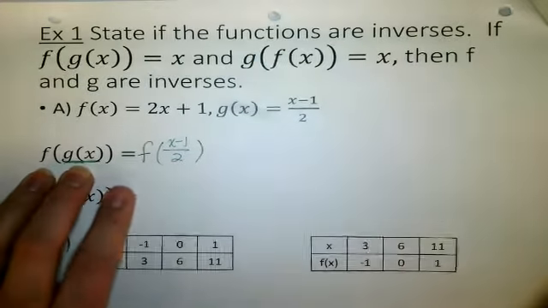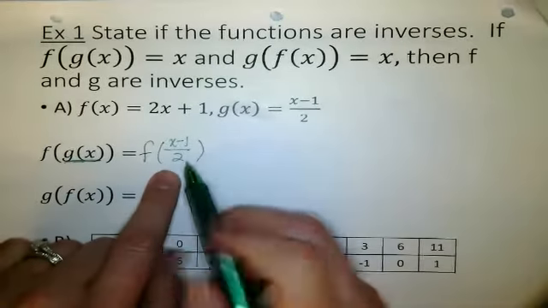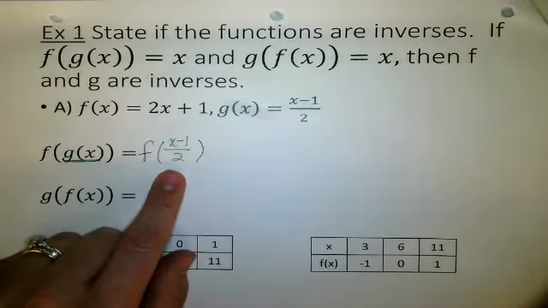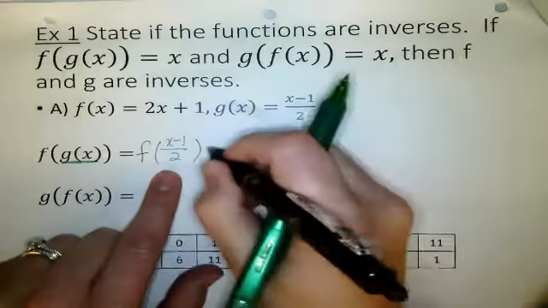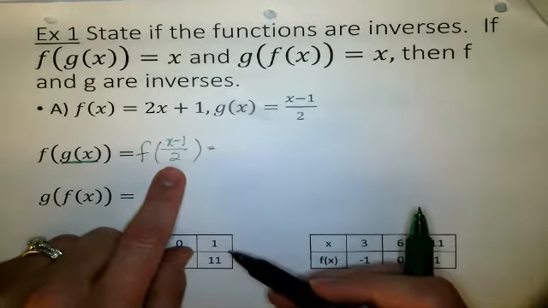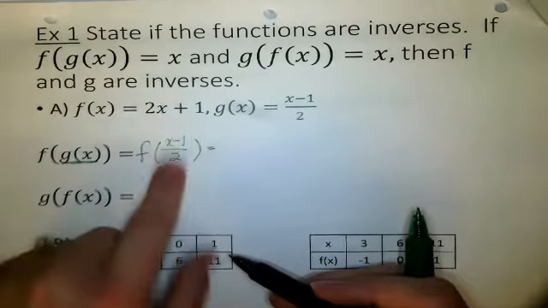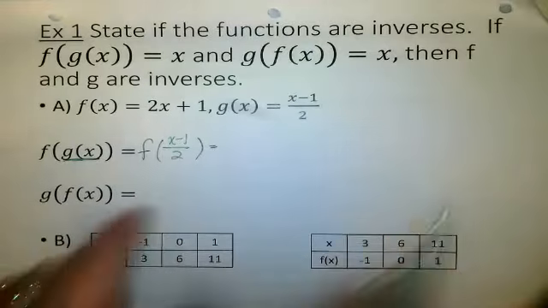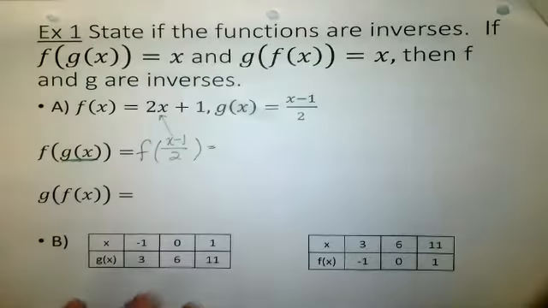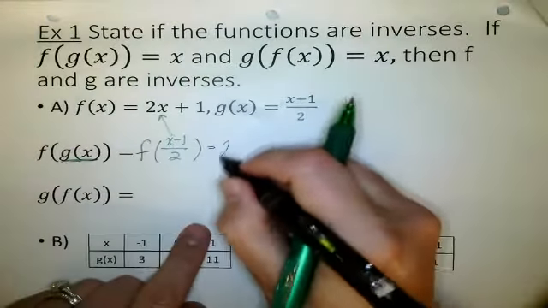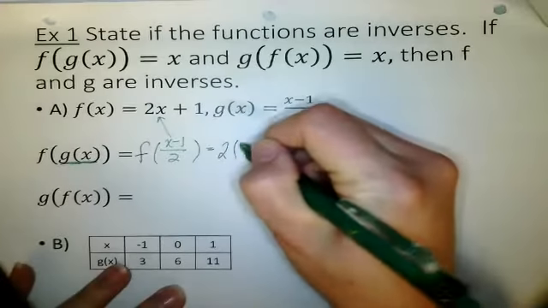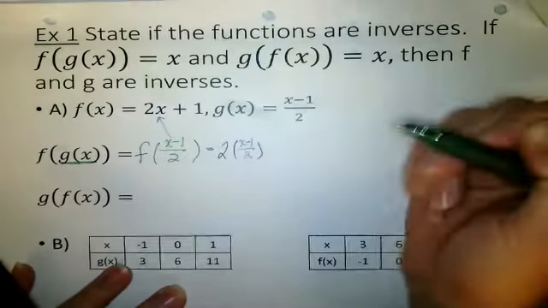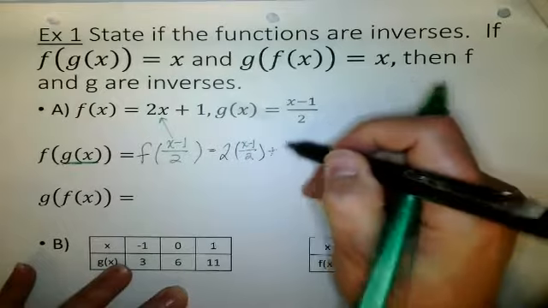That's this piece here. And what is f of x minus 1 over 2 telling us to do? Replace x, plug that green stuff in place of x. So that's going to be 2 times x minus 1 over 2, plus 1.